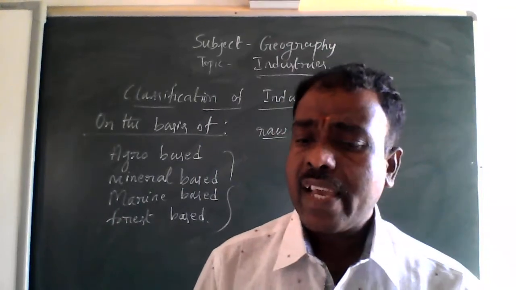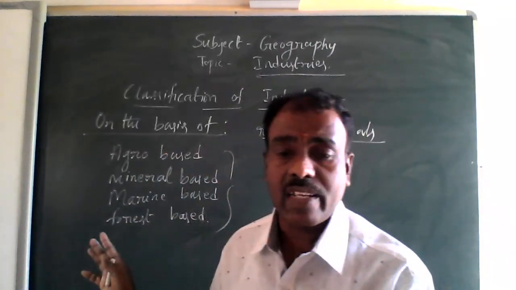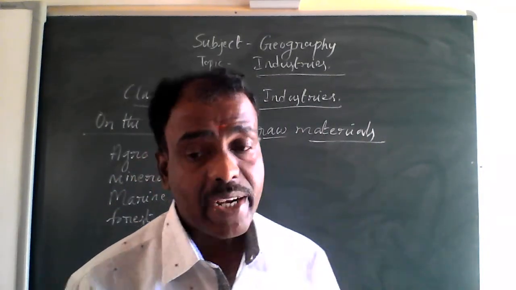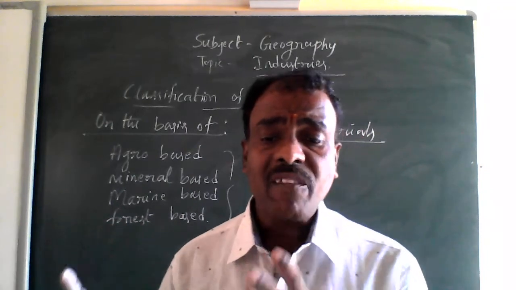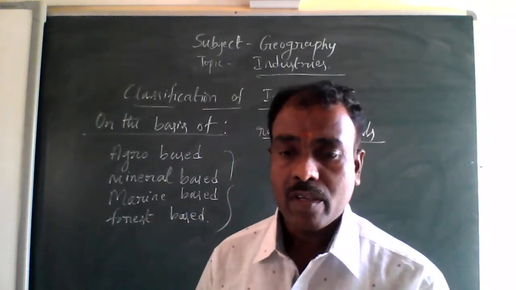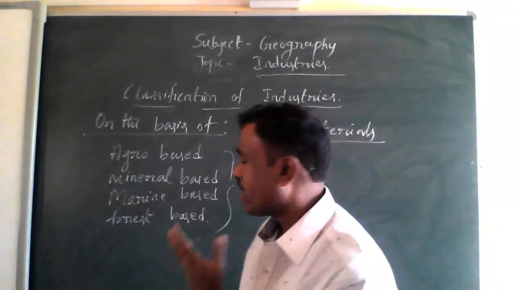See, this classification shows very clearly that it depends on the type of raw materials they use in that unit, whether the raw materials are agro-based, mineral, marine or forest.